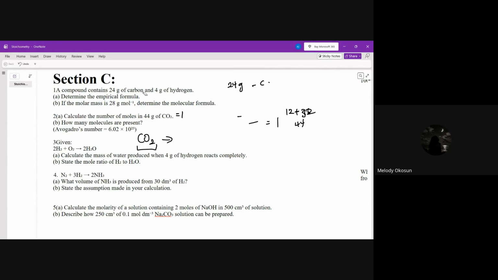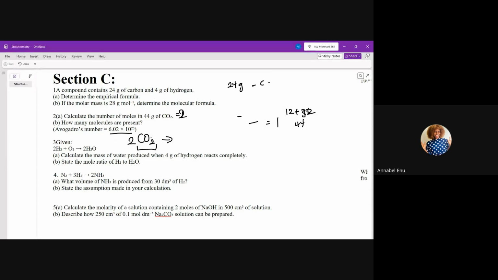The answer is 6.02 times 10 raised to the power of 23. Very good. Because it's just still one mole. So one mole of CO2 is still going to give us the same number of particles. Assuming our answer was 2, then we are talking about 2 moles of CO2.